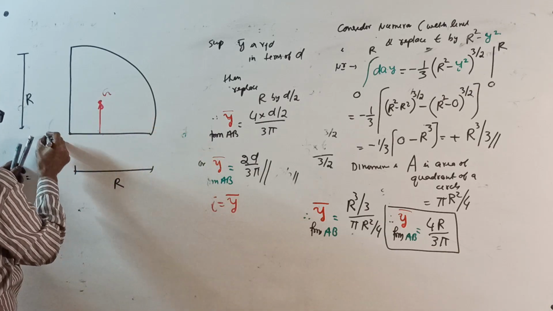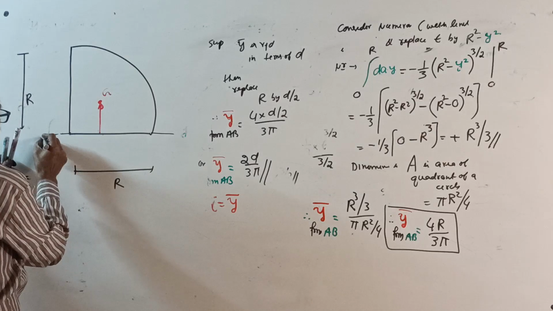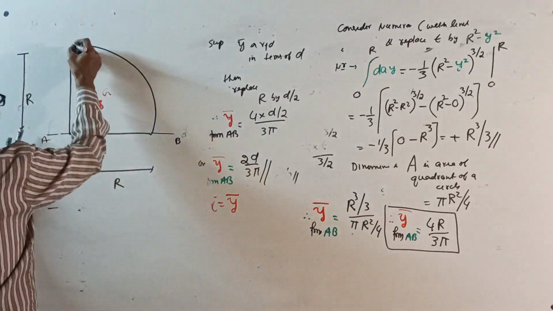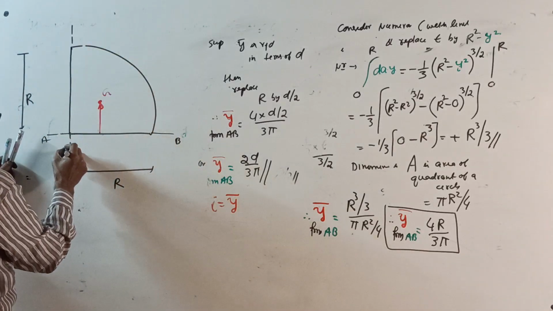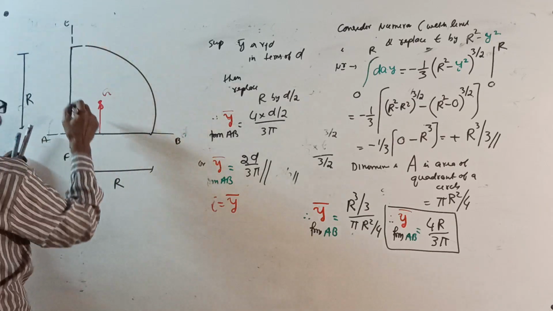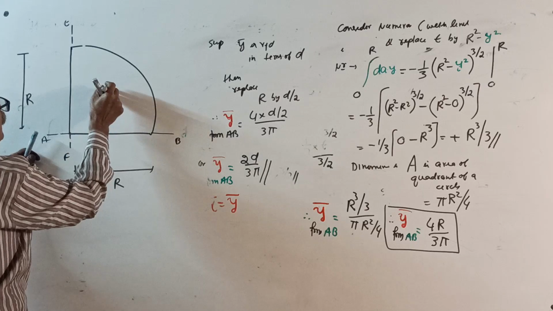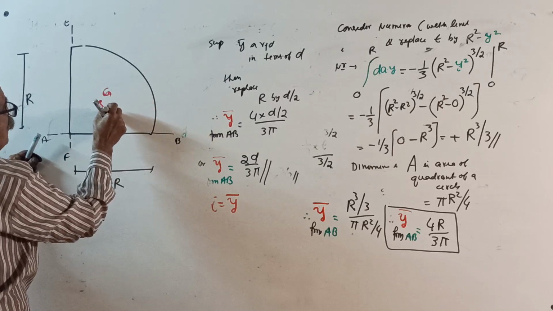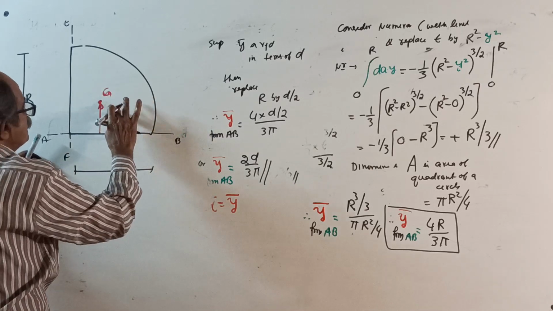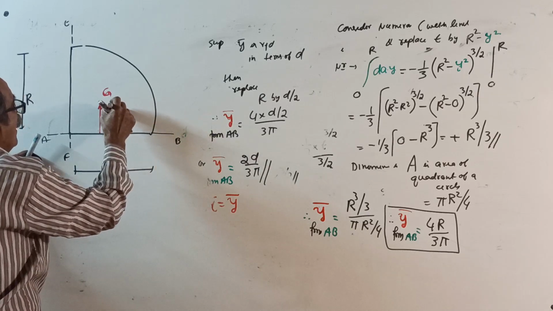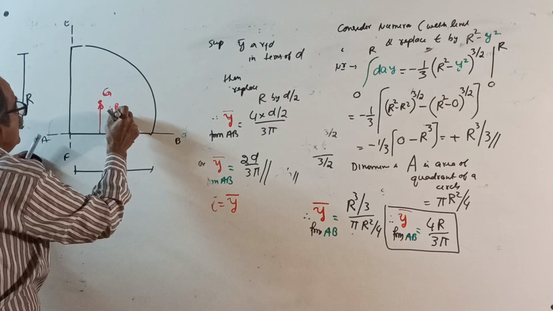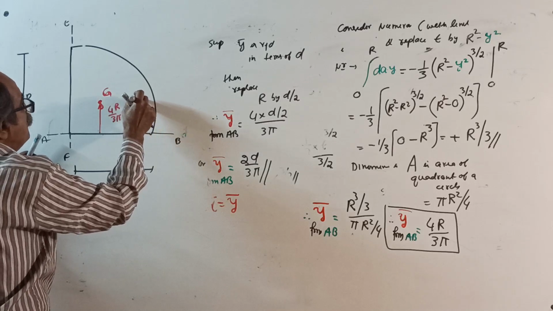This side I took as AB earlier, and this side I took as EF earlier. Y bar from AB is 4r by 3 pi, with capital R. Okay, 4r by 3 pi or 2d by 3 pi.